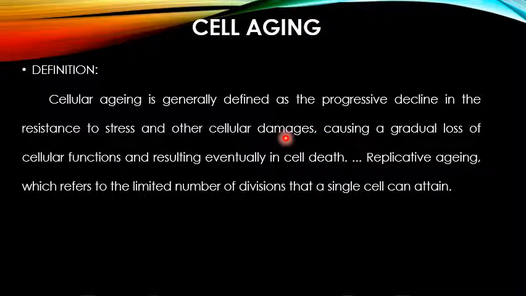Further, they lead to the death of the cell, and finally the death of the organ might take place. None of this happens in the normal cell, where there will be regular cell division and resistance to stress. Normal cells respond to stress levels, and there will be regular division of cells whenever there is tissue damage. Thus wherever cells are required, there will be a continuous formation of these cells, which doesn't happen in the aged cell. This is the difference between the aged cell and the normal young cell.